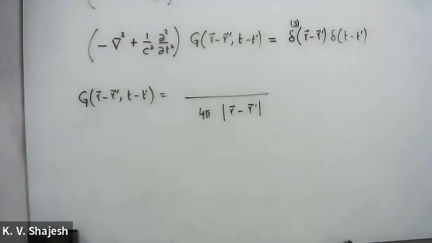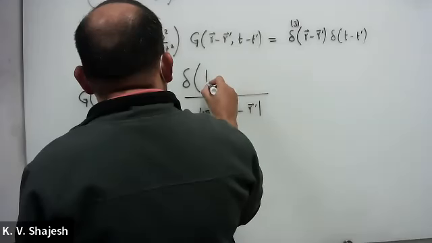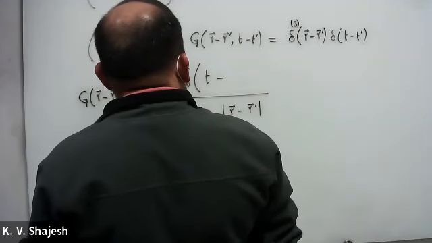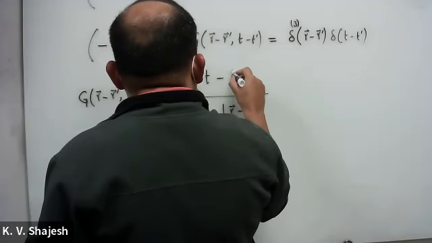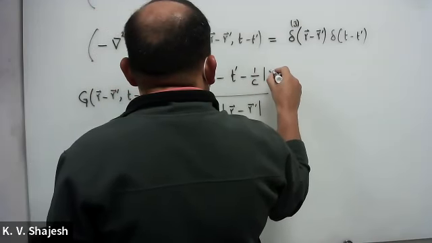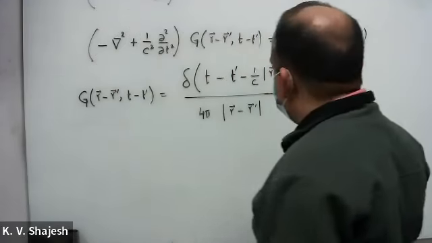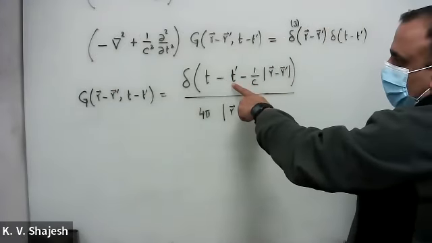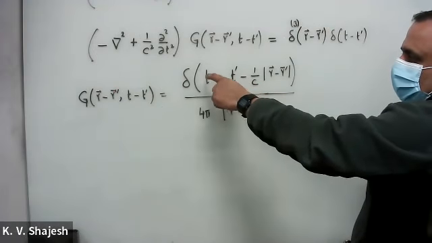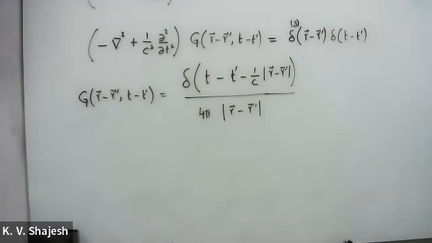But now the time dependence is given by a delta function of t minus t prime minus the distance over c. It's a nice interpretation: if something happens at t prime, the observation at t is delayed by the amount of time light takes to travel the distance between the source and the observer.